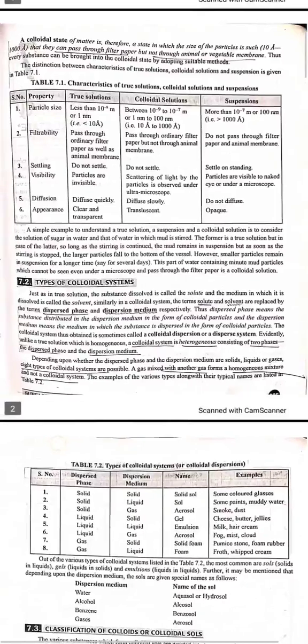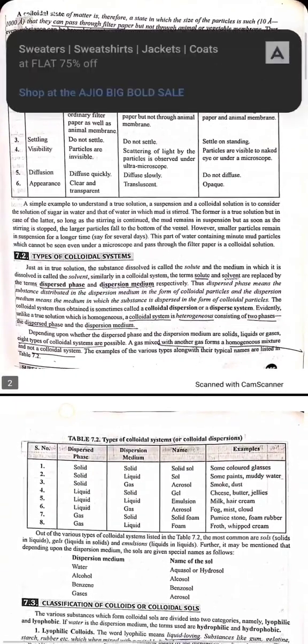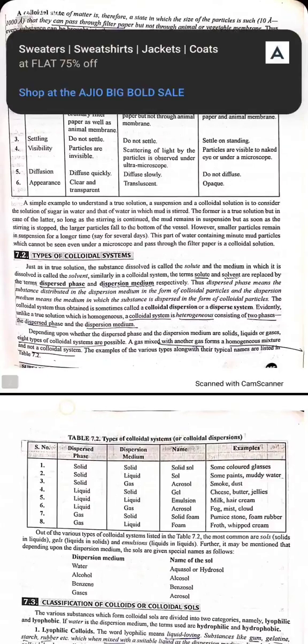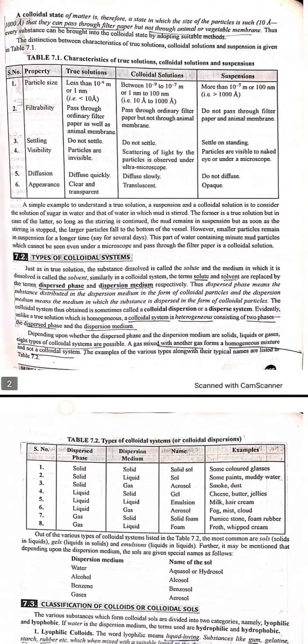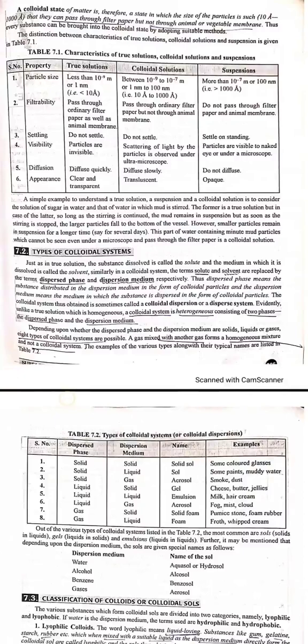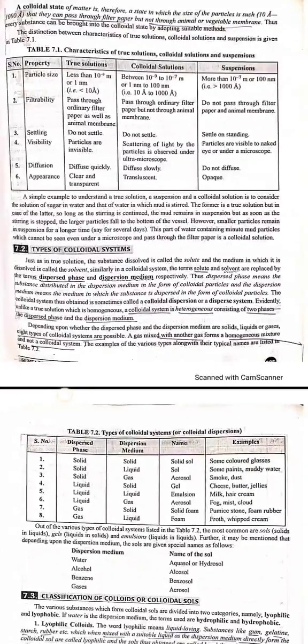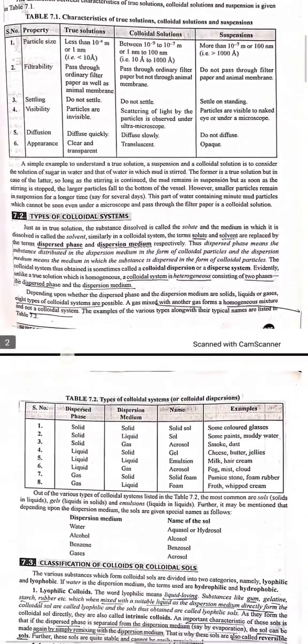A simple example to understand a true solution, a suspension, and a colloidal solution is to consider the solution of sugar in water and that of water in which mud is stirred. The former is a true solution, but in case of the latter, so long as the stirring is continued, the mud remains in suspension, but as soon as stirring is stopped, the larger particles fall to the bottom of the vessel.